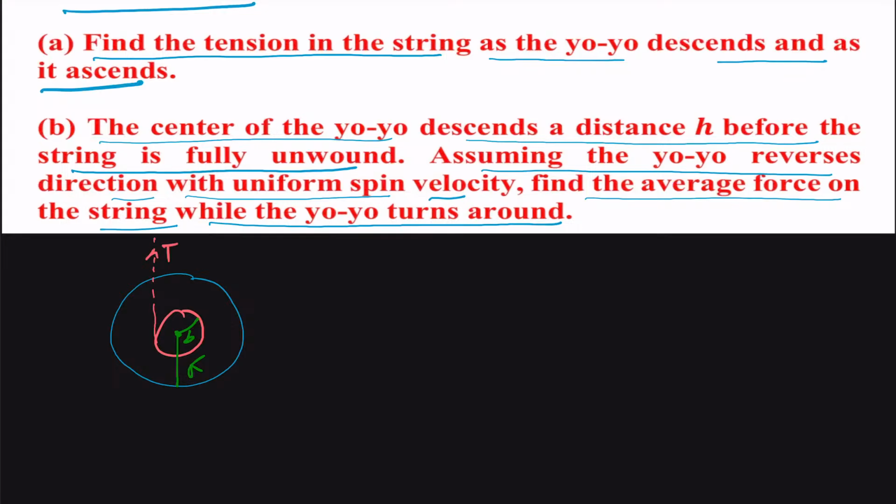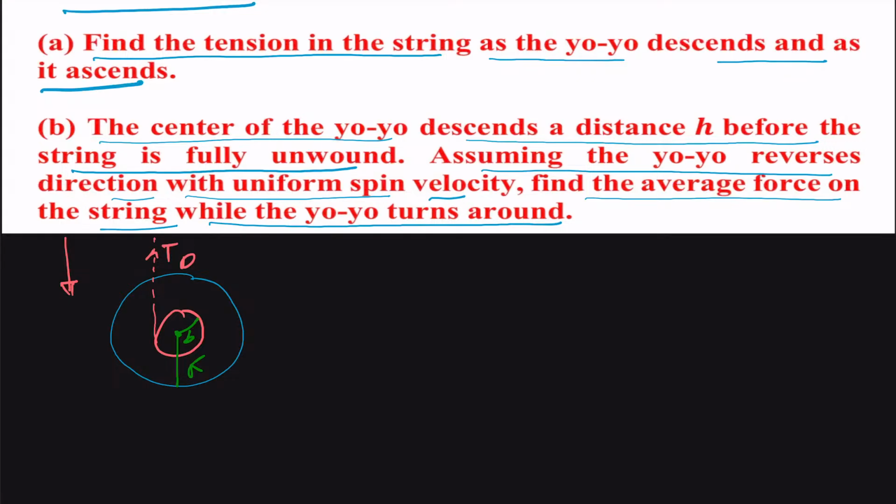Suppose T is the tension, and let us call this T d, the tension when the yo-yo is moving in the downward direction.